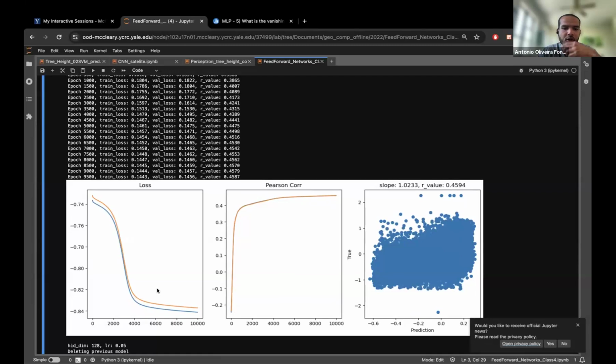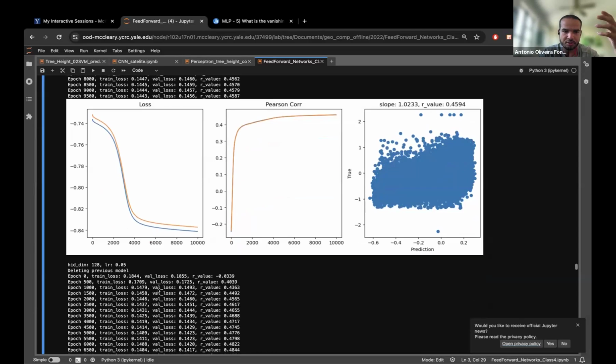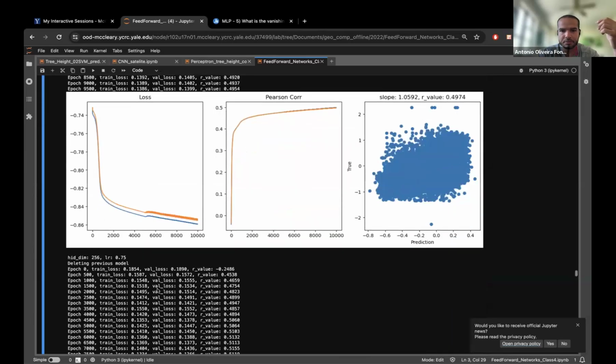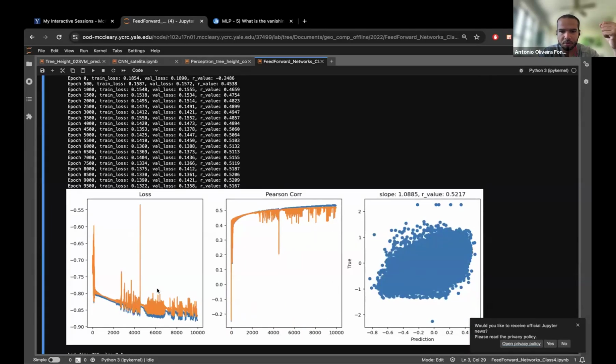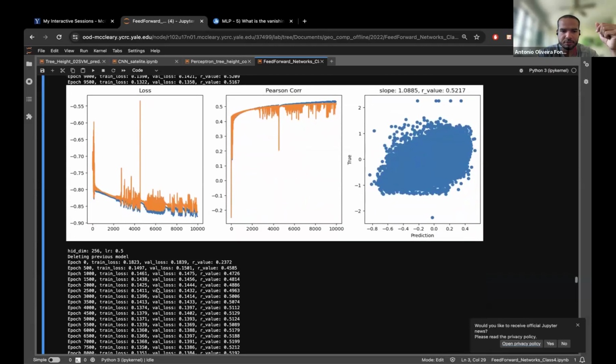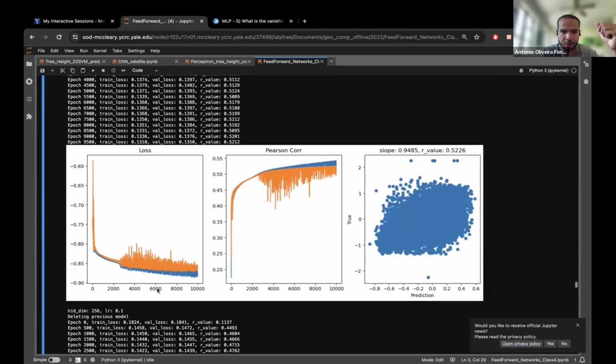Or, if you just keep increasing the complexity of the problem, you see that increasing the number of hidden layers actually brought more harm than good. So always increasing the complexity of the problem is not necessarily a good thing. That's also something to keep in mind: favor simpler solutions. It's always a good practice.